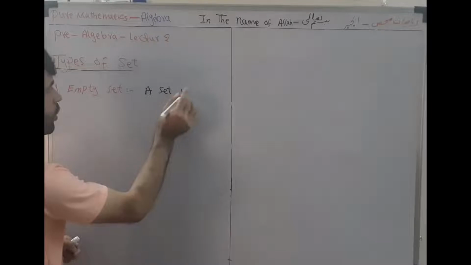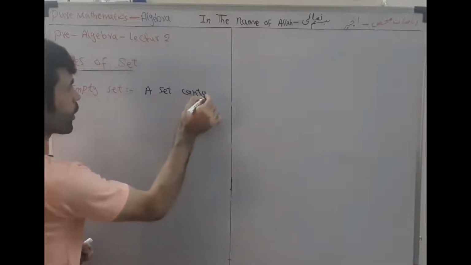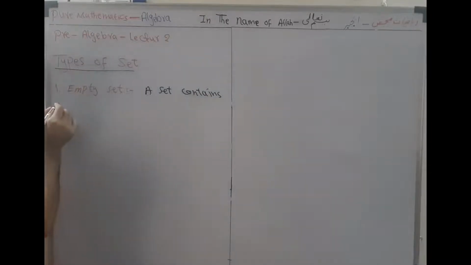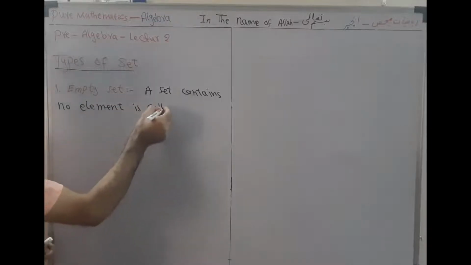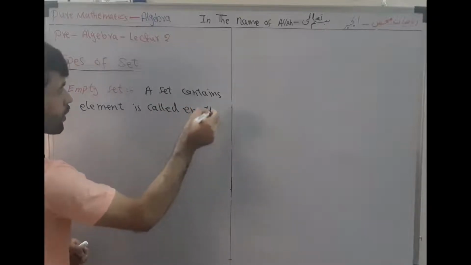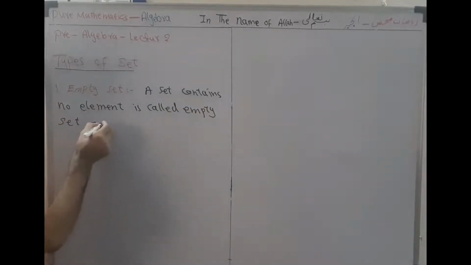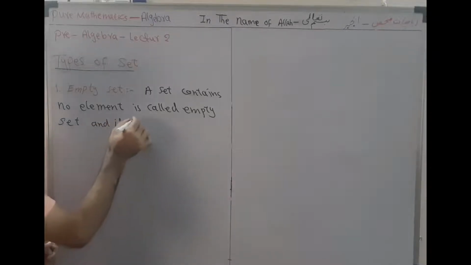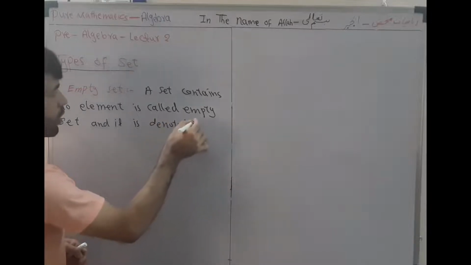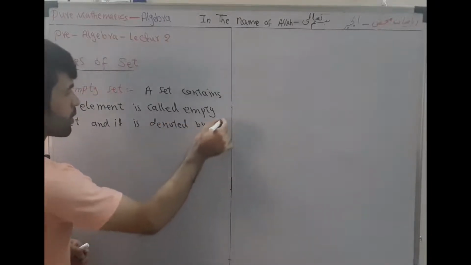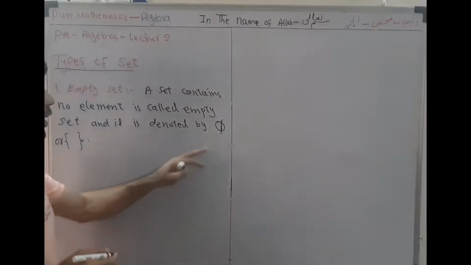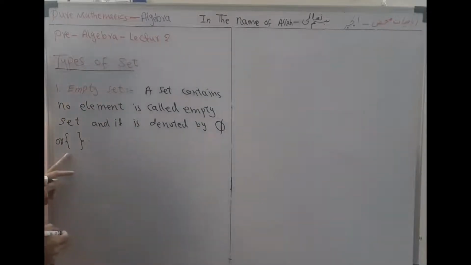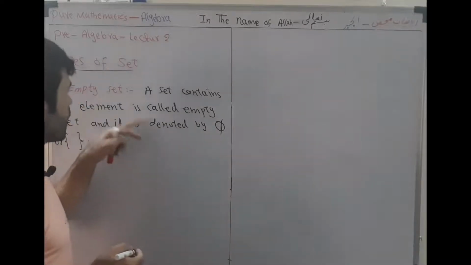A set that contains no element is called empty set, and it is denoted by this symbol, or this symbol, and some others show empty set by this symbol. It is called empty set.